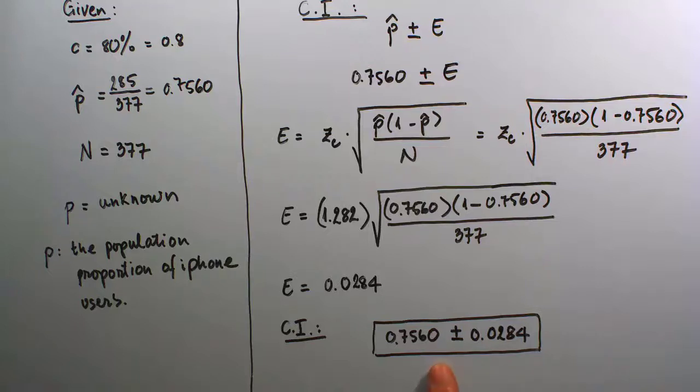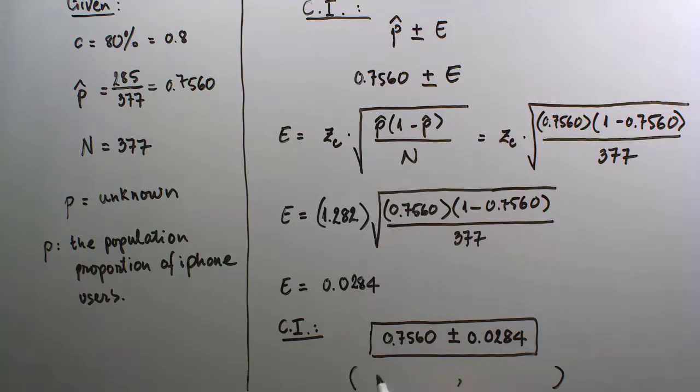And this interval right here, as I said in my complete lecture of how to find a confidence interval previously, this style of writing the interval is common among the statisticians. But another way of writing that is we can subtract this value from the center point to have the low end, and we can also add this value to the center value, to the middle value, to get the high end, and to bring our interval into the traditional format showing low and high.